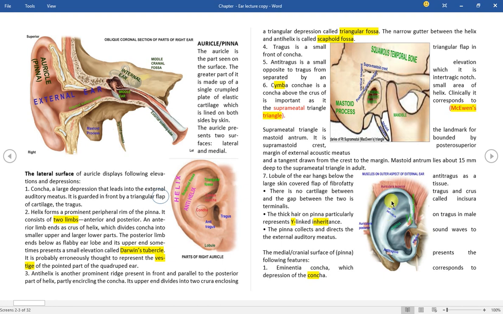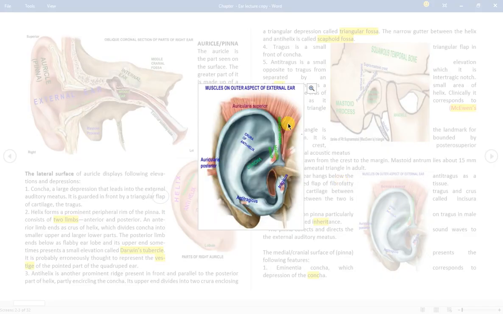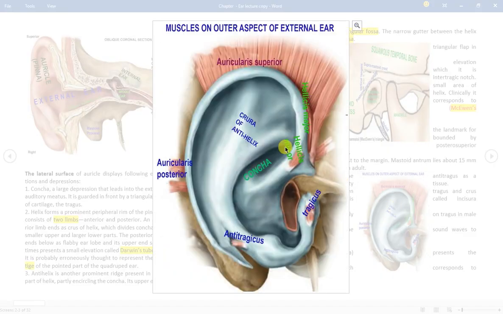Now there are some rudimentary muscles attached to this pinna. You should just remember the names. They are rudimentary in humans, but they are very useful in the lower animals, that is quadrupeds. These muscles are used in quadrupeds for movements of the pinna and changing the shape of the pinna. So the muscles are auricularis superior, auricularis posterior, and auricularis anterior.